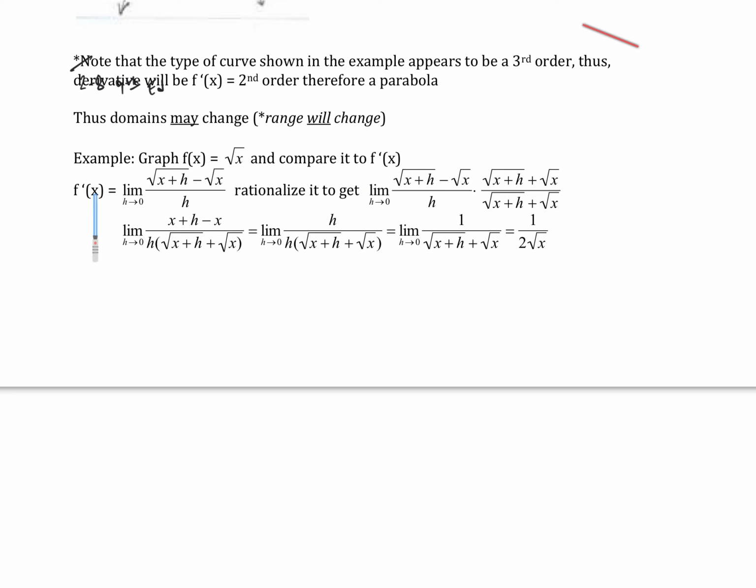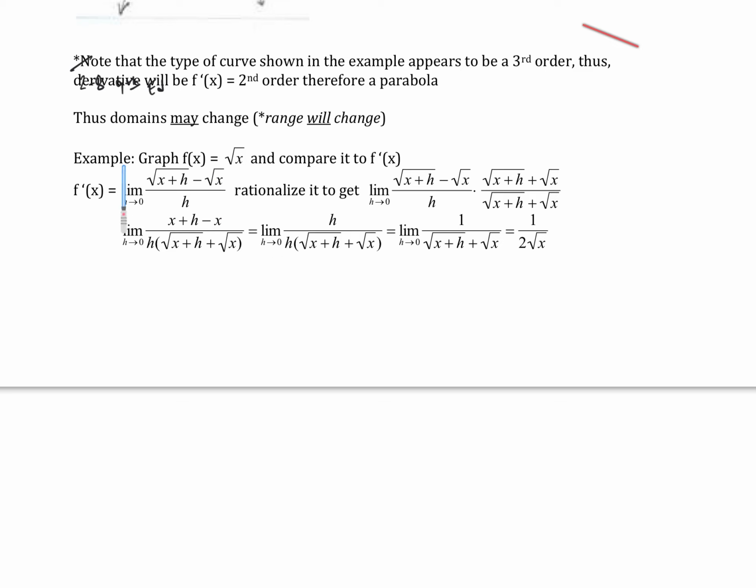So we know that f prime of x is the limit as h goes to 0 of f of a plus h minus f of a all over h. Well, here's f of a plus h. That's what I end up with. f of a plus h becomes square root of x plus h. f of a, which is just x, becomes root x, over h.